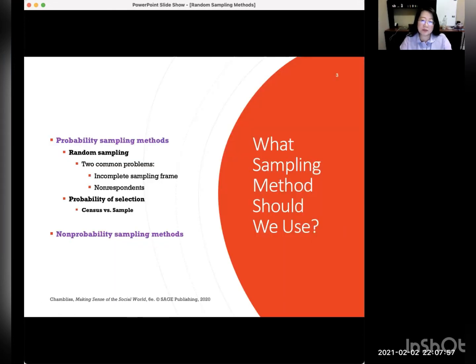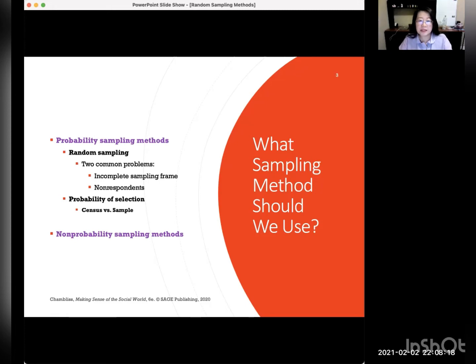So what type of sampling methods should we use? Overall, we can roughly divide all of the sampling methods into two kinds. One is the probability sampling methods. The other one is non-probability sampling methods.